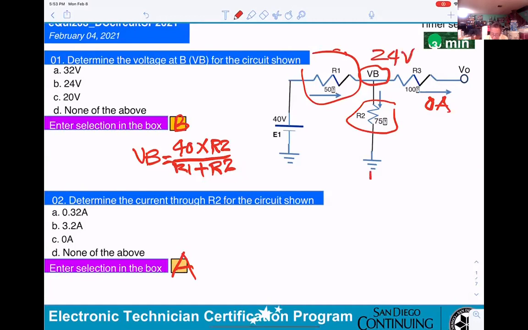So I R2 equals VB divided by R2. So that's why you get A. Okay, make sure you're not confused about anything. Just bring it up. I can help you out.